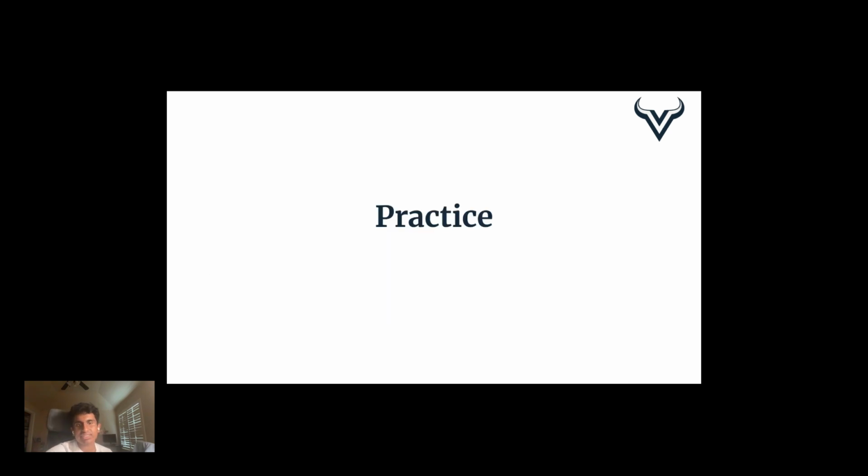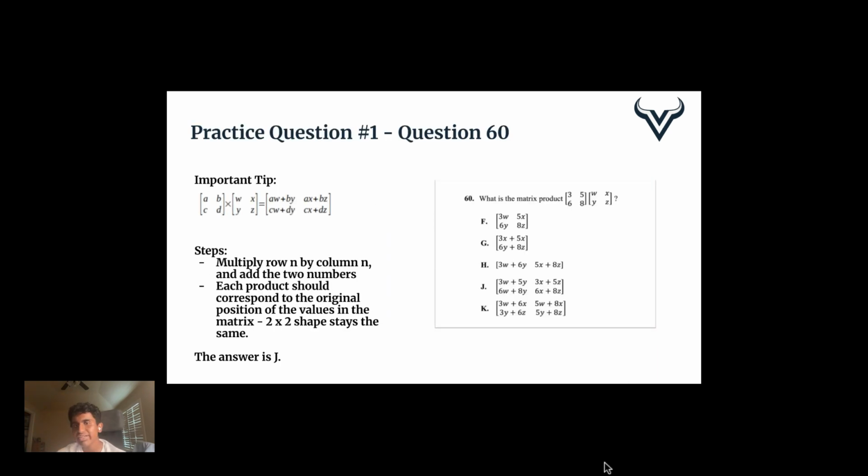So let's do some practice. As we did before, we're multiplying matrices here. We're trying to find the matrix 3 5 6 8 times w x y z. As we did before, using the formula previously, we multiply row n by column n and add the two numbers, and the 2 by 2 shape stays the same when you're multiplying both of these.